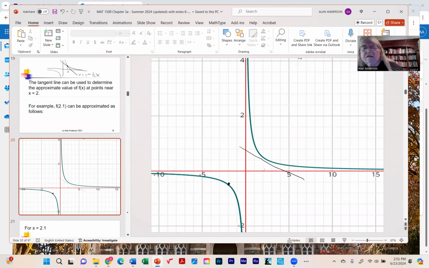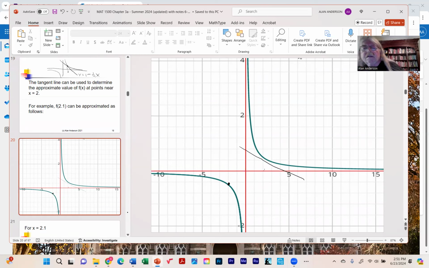Well, that helps. Since we know the value of the function when x equals 2, if x is 2.1, what I'm trying to illustrate here is that that point is not on the green line, which is the actual function.